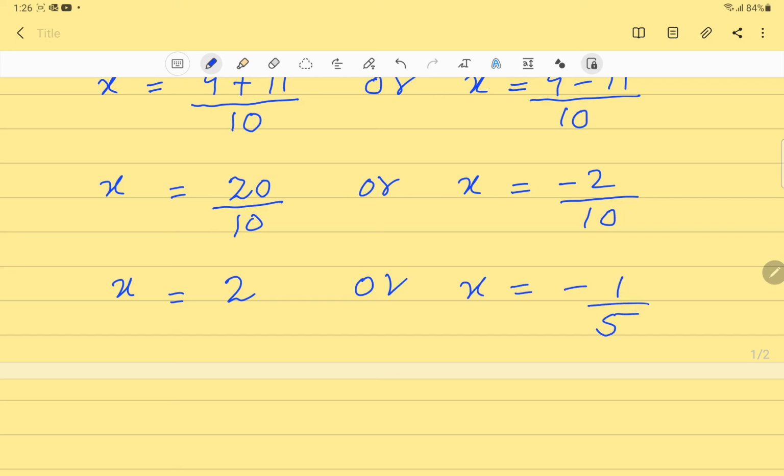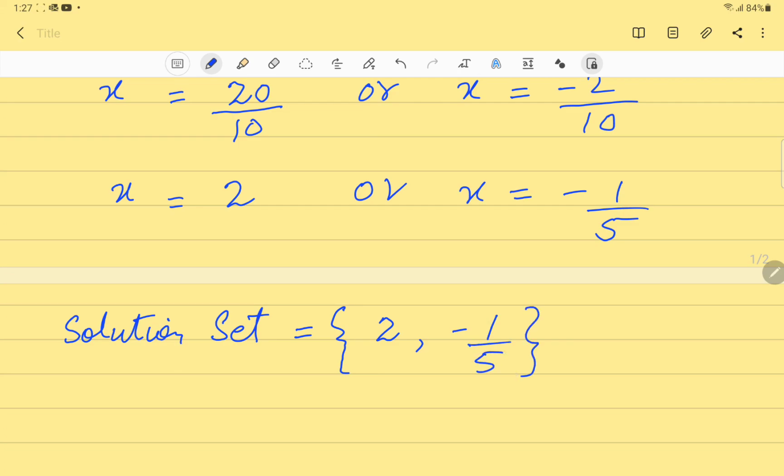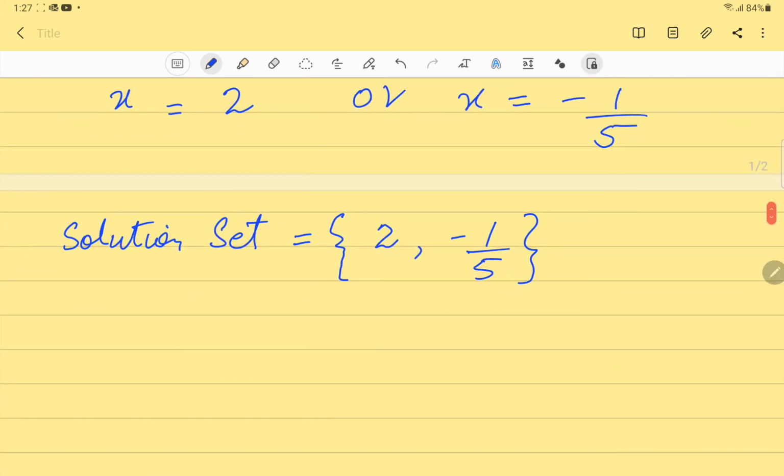So these two values of x are actually the answer of this question, so we can now write our solution set. Our solution set is 2 and minus 1 over 5, which is the answer of this question.